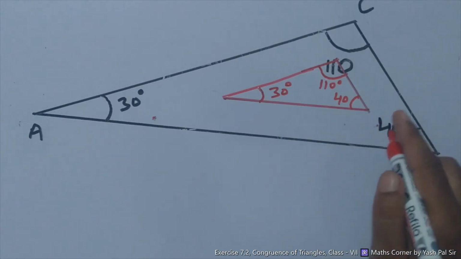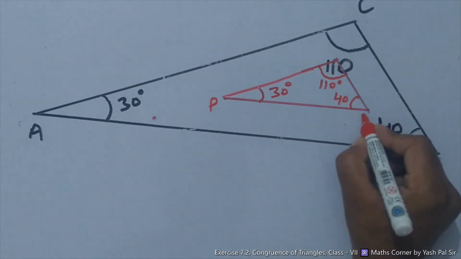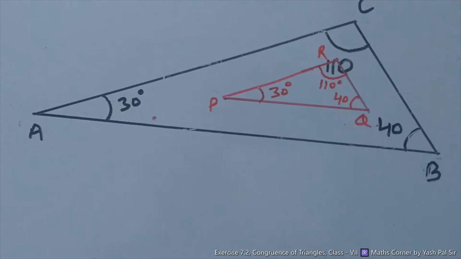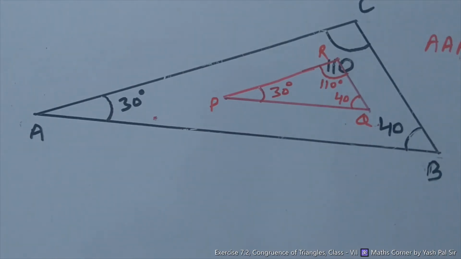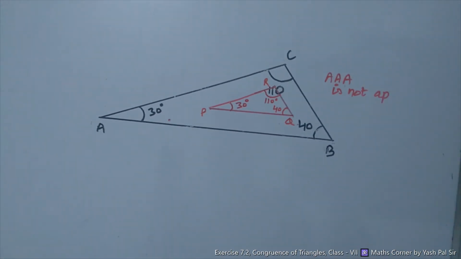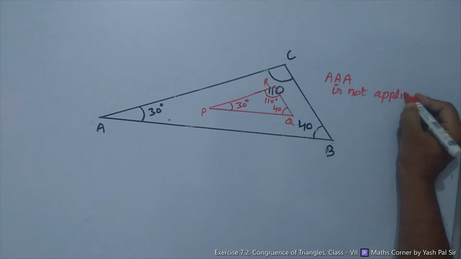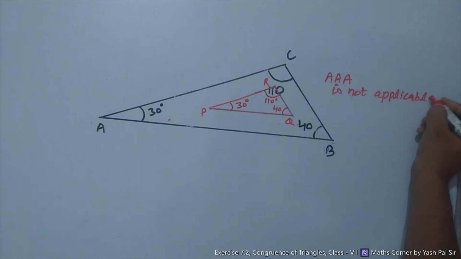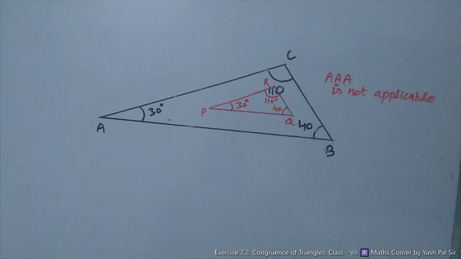Triangle PQR. So here the angle criterion for congruence of triangles is not applicable. This criterion is not applicable. Right? So we cannot say that these two triangles are congruent.